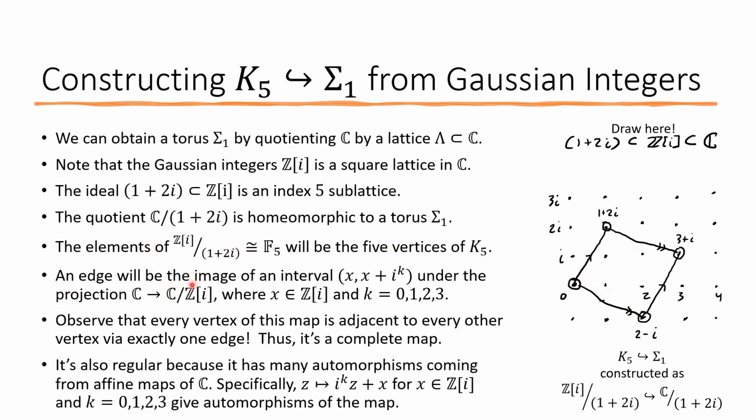The way I'm going to get the embedding of K5 into this torus is that I'm going to have edges between adjacent points in the Gaussian integer ring. Basically these are my edges. Between any 2 points, I have an edge connecting them, and any point has 4 edges coming out of it.